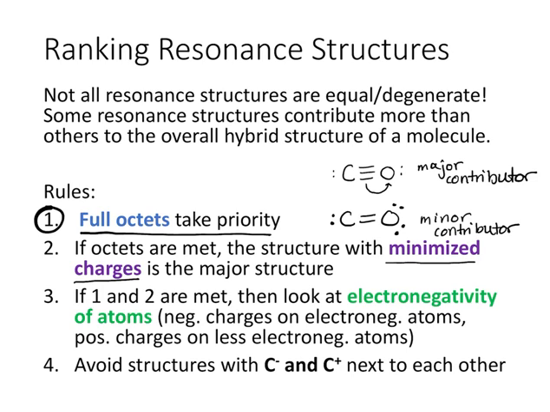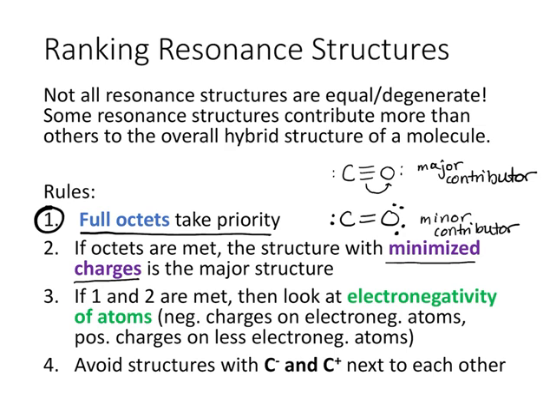So if you do have a molecule with charges and you can't avoid having charges, then again, the negative charges should be on more electronegative atoms. And then the last rule, we want to avoid structures with negatively charged carbons and positively charged carbons next to each other.